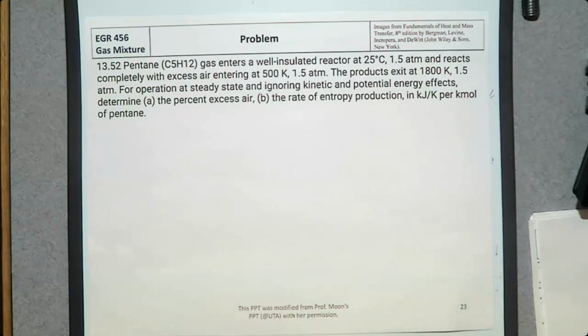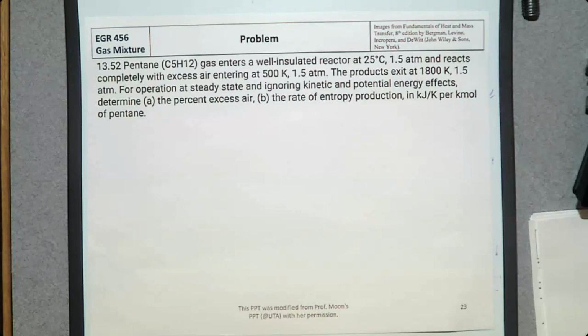And the air, which is going to react with this pentane, is at different temperature, 500 Kelvin and 1.5 atmospheric pressure. So from here, we can learn how to evaluate specific entropy at different temperatures and at different pressures. And the products, which means carbon dioxide, water, and any remaining oxygen and nitrogen, they're going to exit at 1800 Kelvin, 1.5 atmospheric pressure.